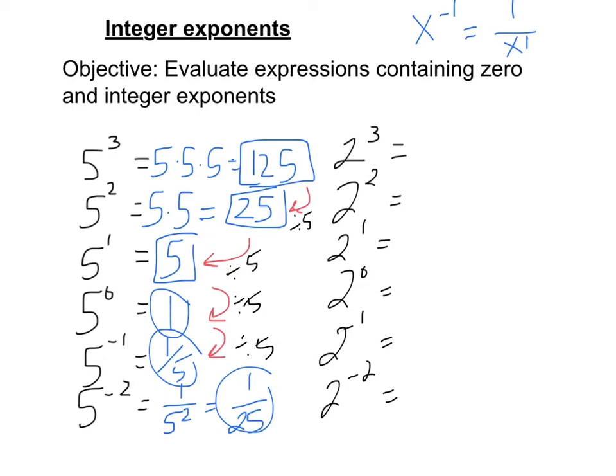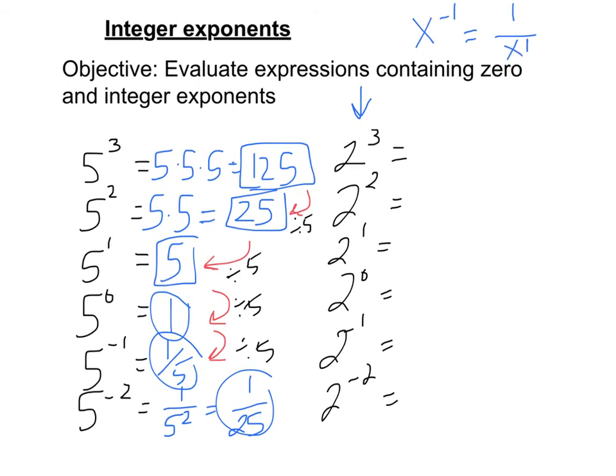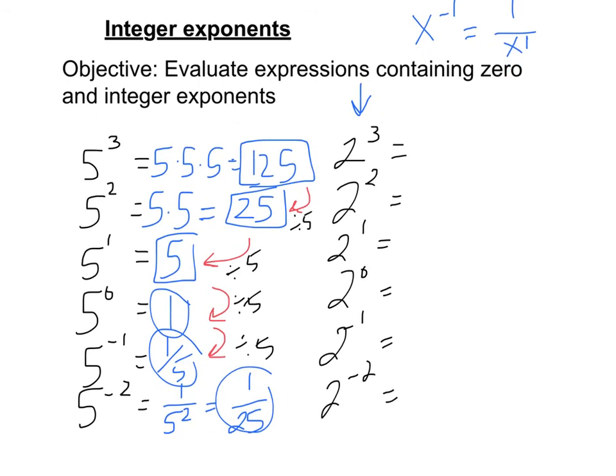So go ahead and pause the video, and why don't you complete this column here, 2 to the third power on down to 2 to the negative second power. All right, 2 to the third power. 2 times 2 times 2, which is 8. 2 squared, 2 times 2 makes 4. 2 to the 1 power is 2.